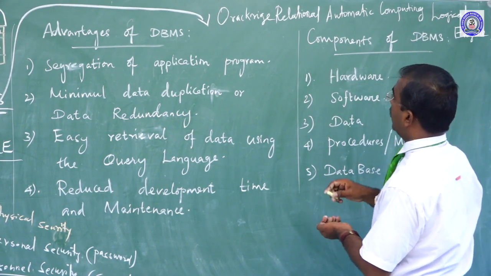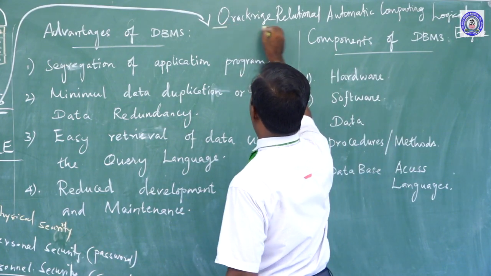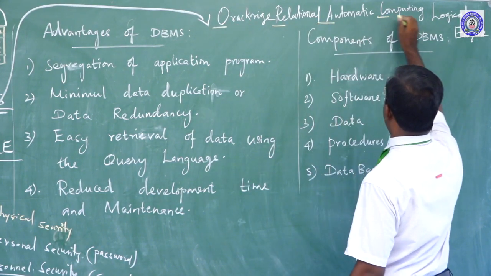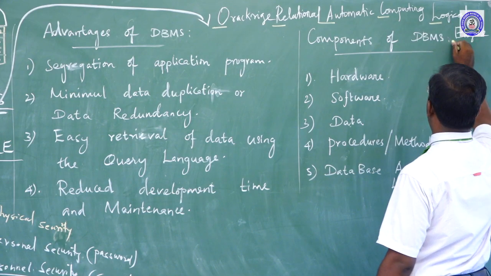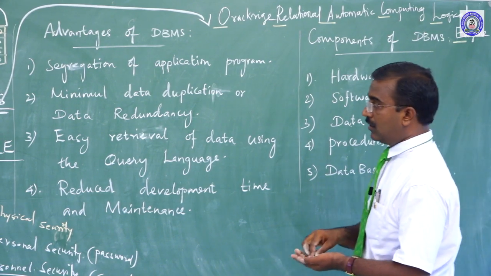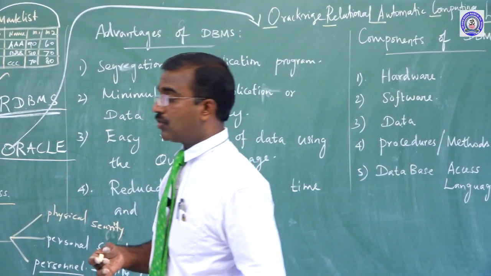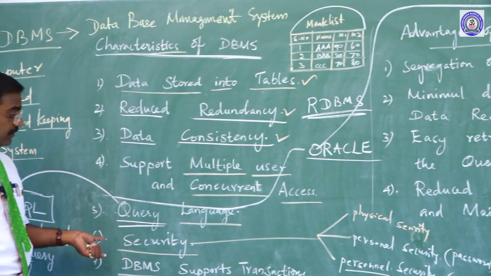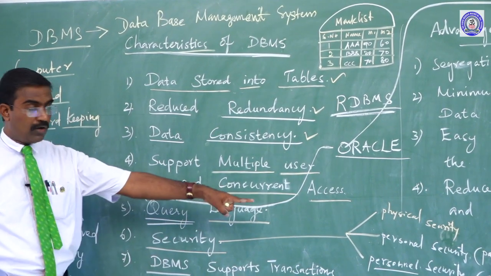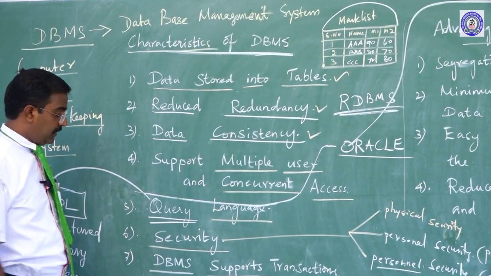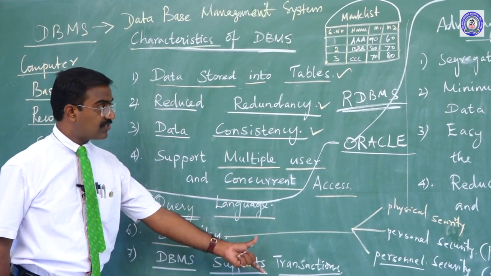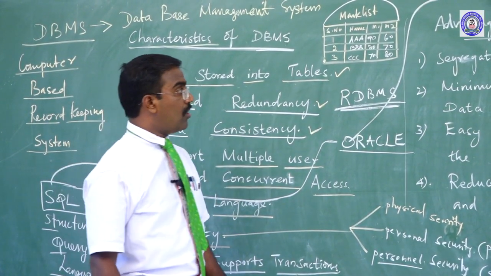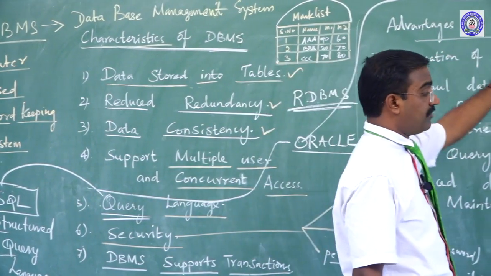Okay, this is called Oracle, Oak Ridge Automatic Computing Logical Engine. And then we give security, which I already explained. DBMS supports transactions.